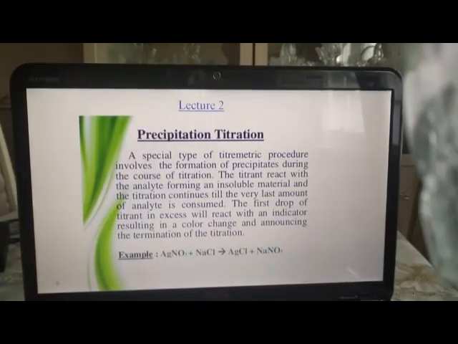The next part of our lecture is precipitation titration. Precipitation titration is the second type of titration, a special type of titrimetric procedure that involves the formation of a precipitate during the course of titration.